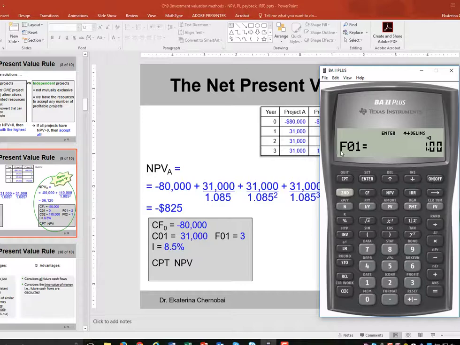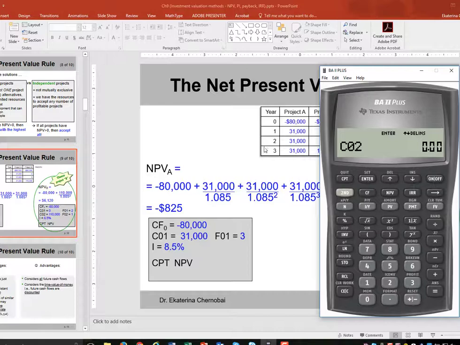What's the frequency of it? So technically I could leave the frequency at 1, press the down arrow key, and then 2 more times re-enter 31,000 with the frequency of 1, or I can save myself a few seconds if right here I change the frequency to 3, because $31,000 occurs 3 times in a row, right? So I make it 3, enter, down, and there is no more cash flow 02, right?